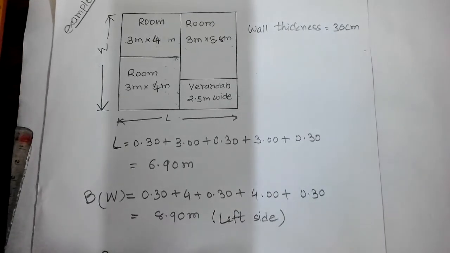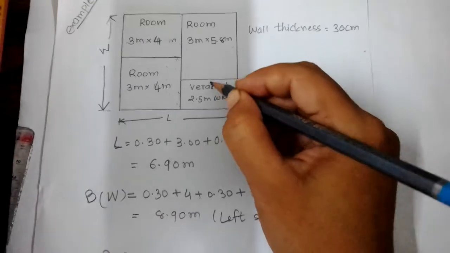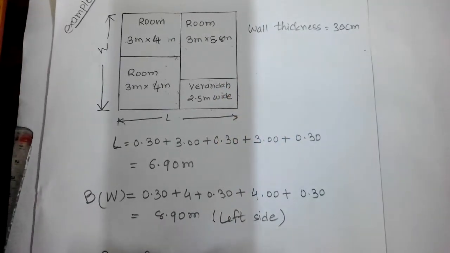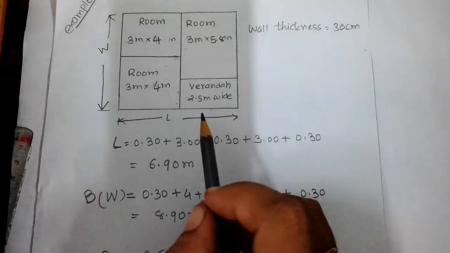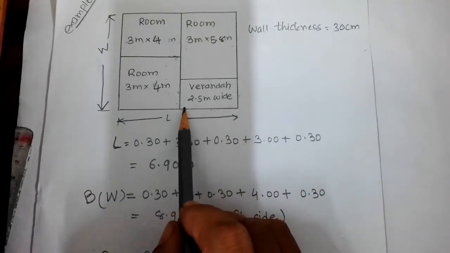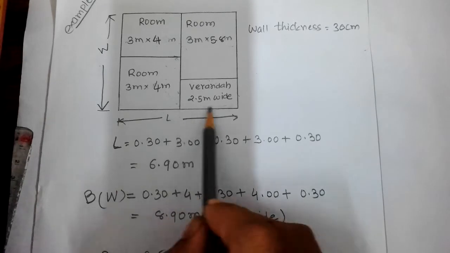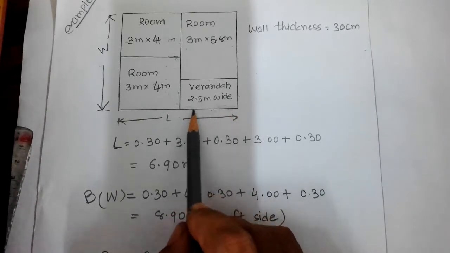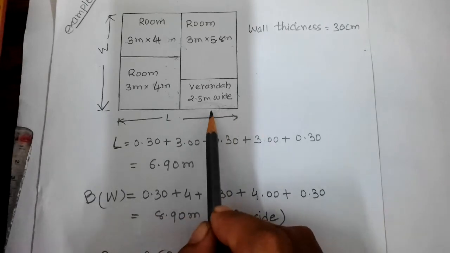Now for the right side, B is equal to, so this is a 2.50 meter wide. So you can say 2.50. So keep this in mind that veranda needs no external wall. So never write here 0.30 meter.